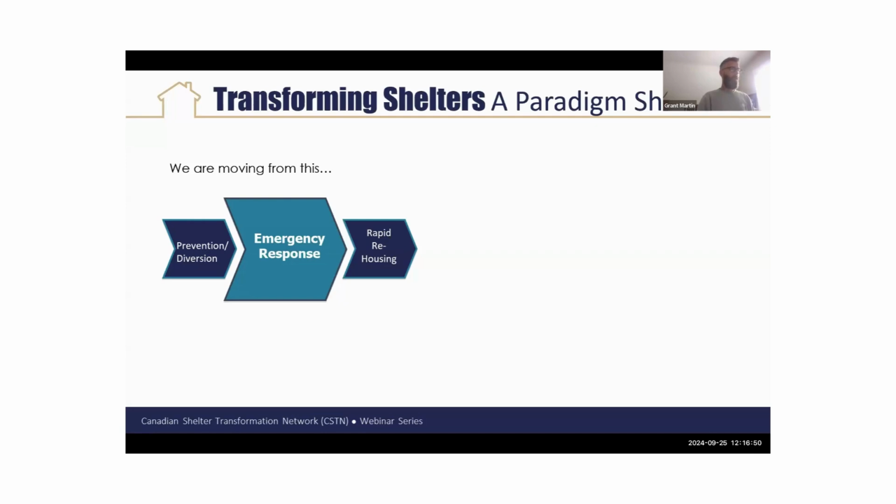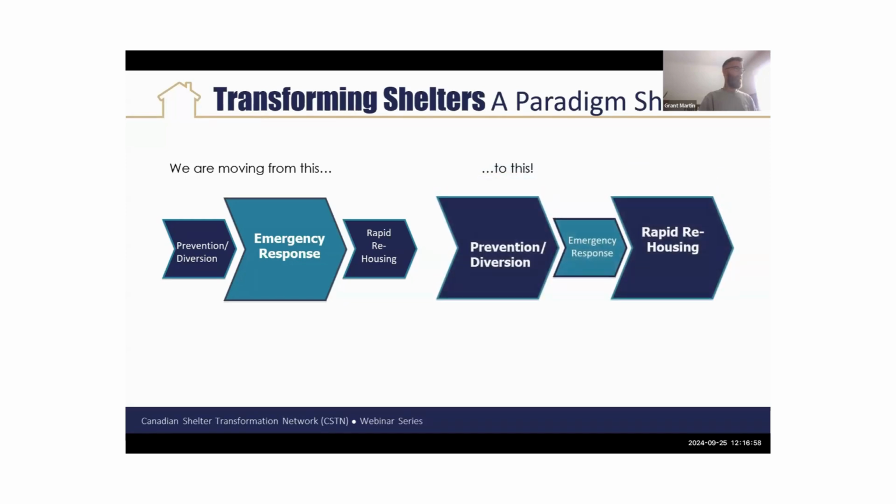So we want to create a radical transformation, and the coaching content will heavily focus on that transformation that hopefully will start to look like this, as shelters make the change to becoming housing focused. With our resources and our staff internally in our shelters, we can start to make changes that give increased emphasis and focus on prevention and diversion, which we're going to talk a lot about today.